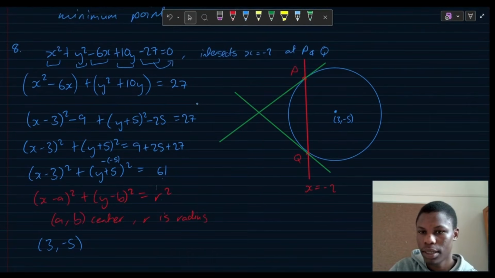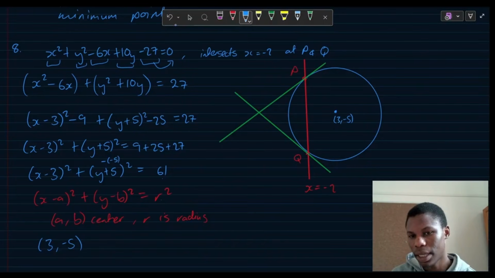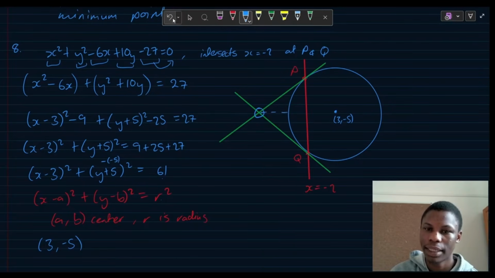To do that, first we can find the y coordinate of P and the y coordinate of Q. Once we have that information, we can just subtract the two to get our base. And then the height is the one that's a bit tricky. We're going to find the equation of each of these two green tangents. And then we're going to find the coordinates of the points of intersection. Once we know that, we can get this distance here. And once we have that, we have our height, and then we can just do half base times height. So that's the big picture.